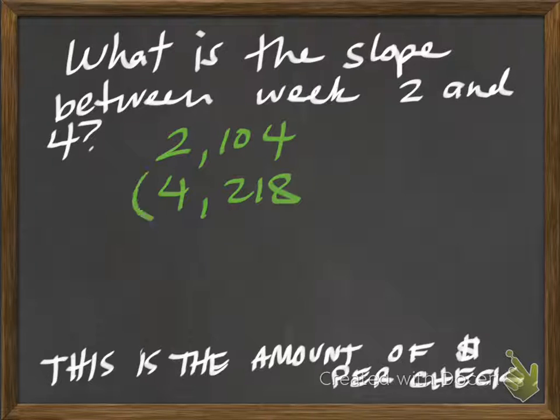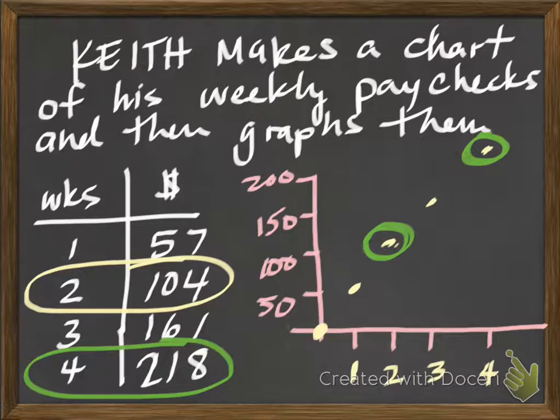Remember, those are points, so let's show them as an x and a y. This is related to using the tables like we did last video, which is why I put it in a table on this slide here.